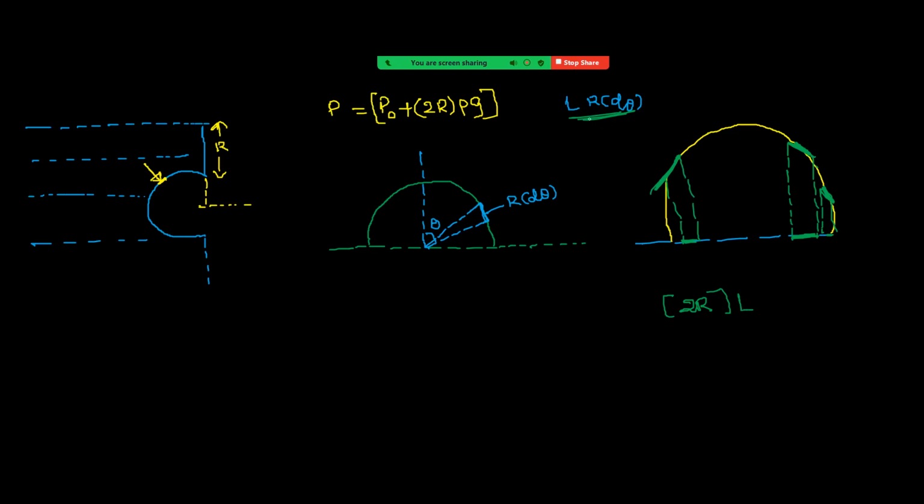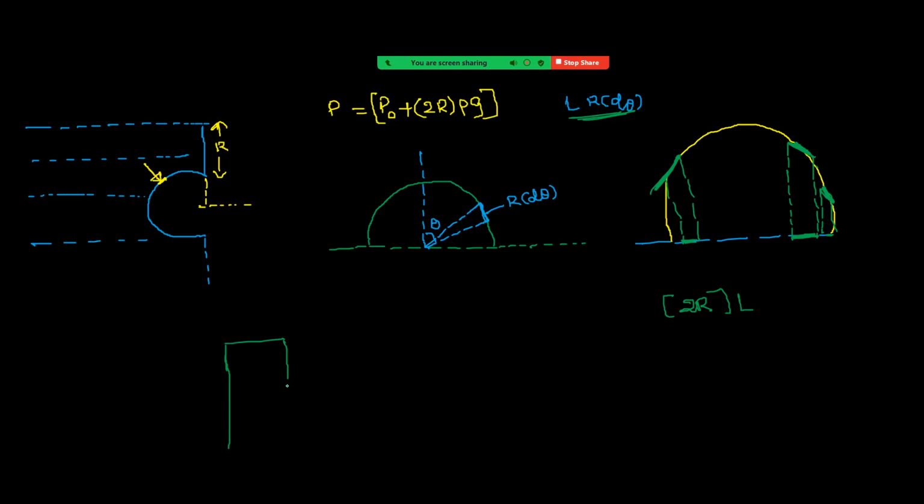So area of one rectangle is L into r d theta. Now its projection I have taken on the base. So if you are taking like this for each rectangle, it's a projection on the base. That gives us area of that rectangle. That means it looks like this.